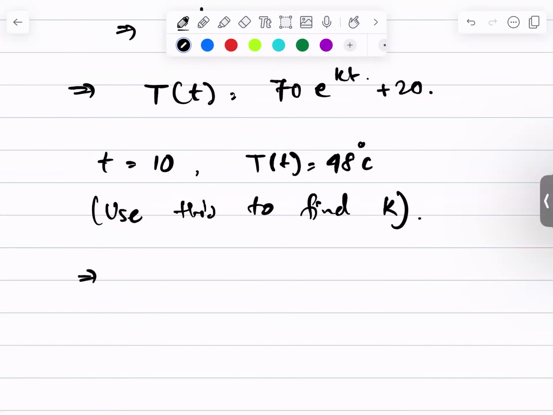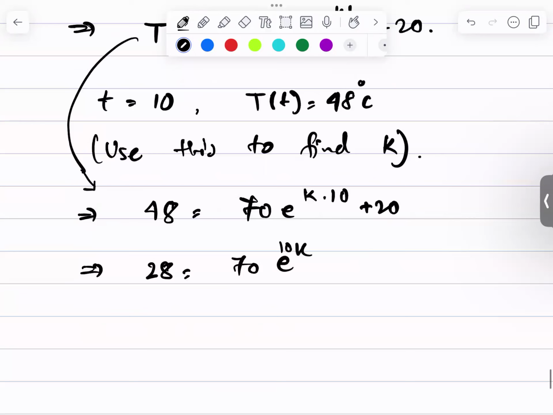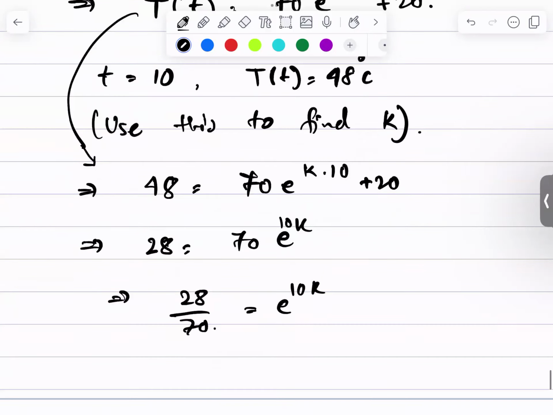So from this, I can say that 48 is the same as 70 e to the k times 10 plus 20. In other words, 28 is the same as 70 e to the 10k. And then 28 over 70 is e to the 10k.